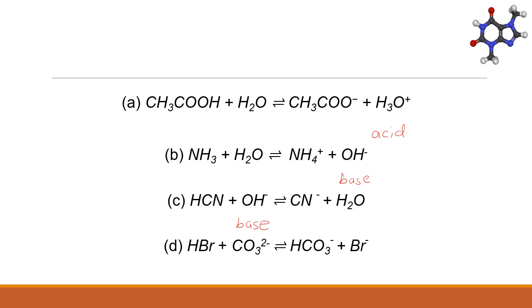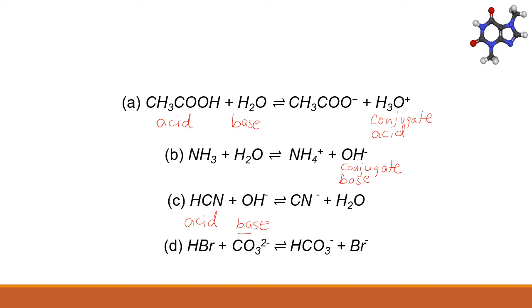If the compound or ion is on the product side of the reaction, we label it as a conjugate. So this is the conjugate acid and this is the conjugate base. If this is the base, then this must be the acid. Okay? So we know that ethanoic acid is an acid, so this must be the base.